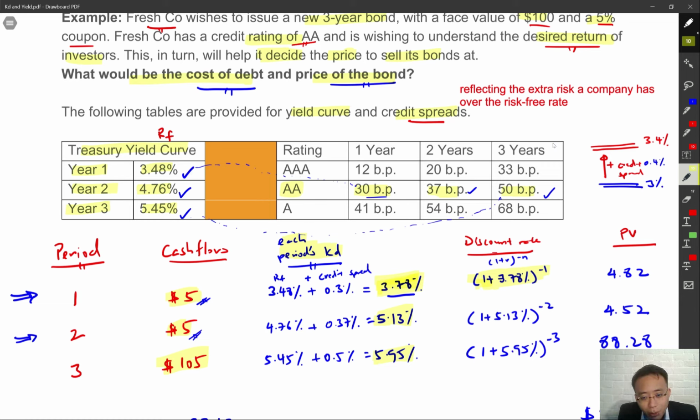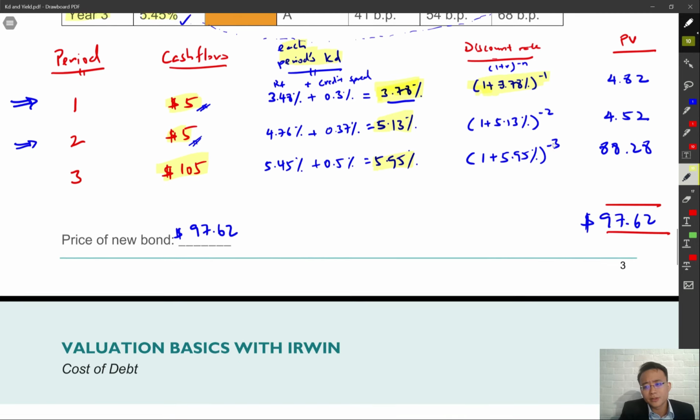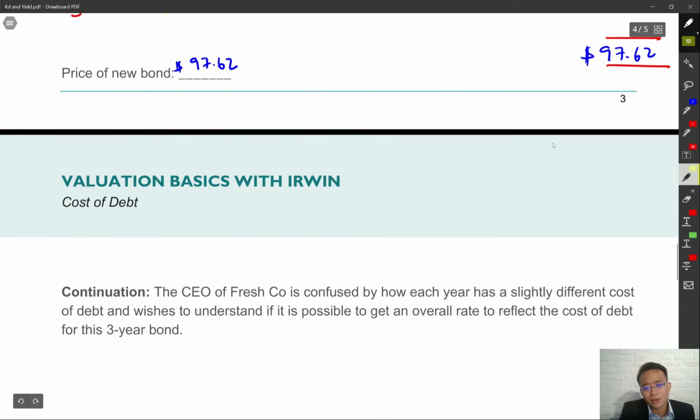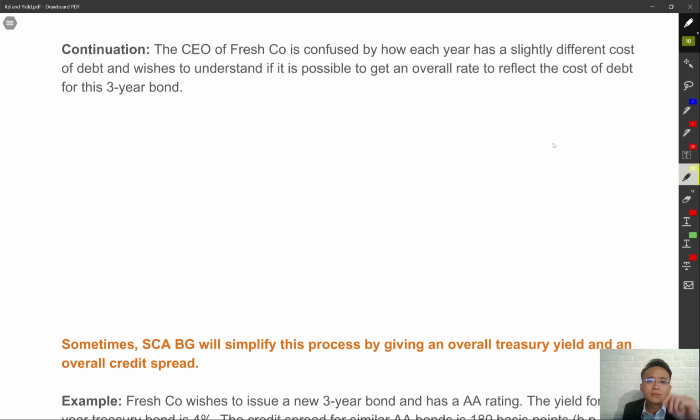But if you were a boss, different rates for different time intervals. Now, that doesn't sound easy. That doesn't sound easy to comprehend and make a decision. So what our boss may tell us then is this. He may ask, I'm really confused, right, by how each year has a slightly different cost.